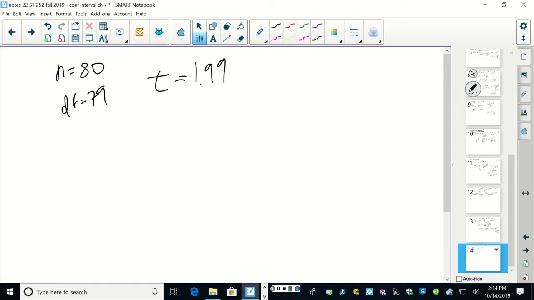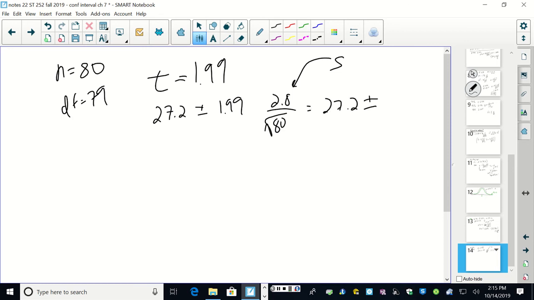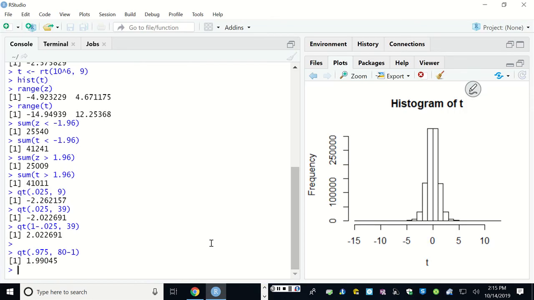So now we'll do 27.2 plus or minus 1.99 times 2.8, that was our value of s, over the square root of 80.